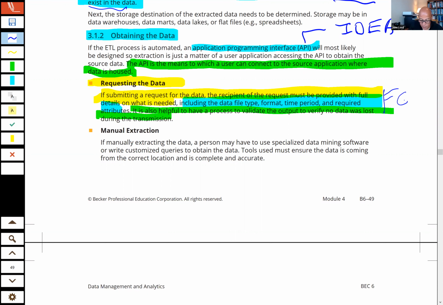So that's the kind of analysis. I probably went beyond just the idea of requesting the data, but you do have to do that reconciliation.